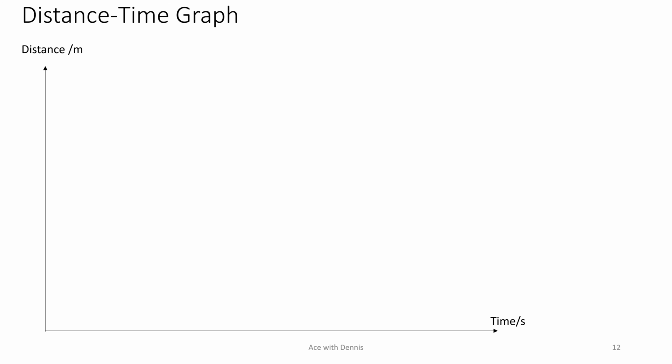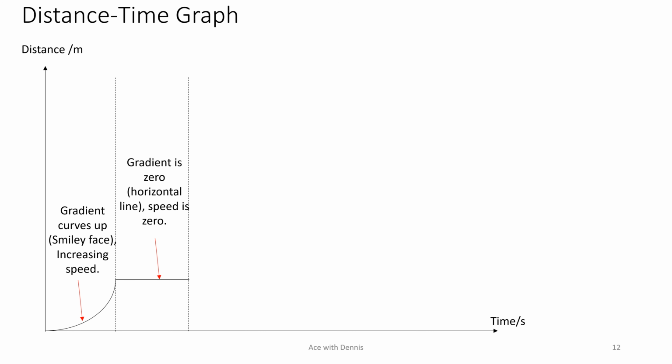This slide shows the distance time graph. So this curve is a smiley face, or the gradient curves up. It means it is increasing speed. This is a horizontal line, which means the gradient is 0 or speed is 0.